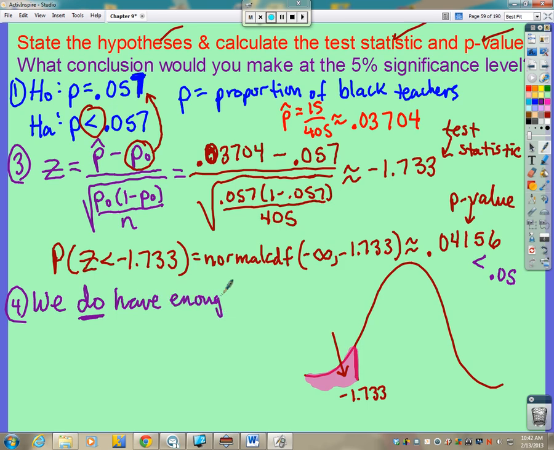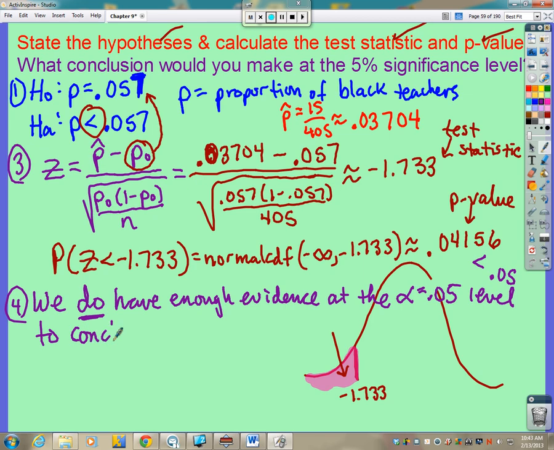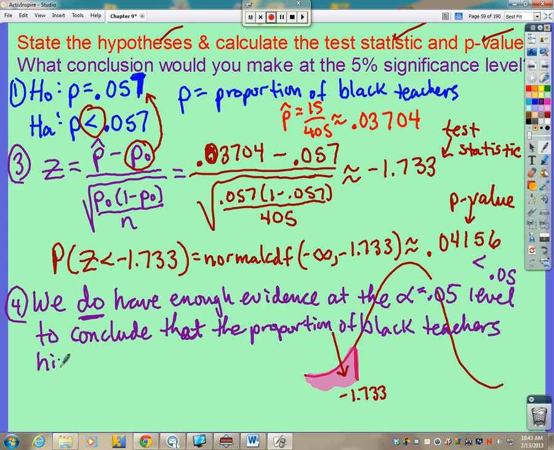have enough evidence at the alpha equals 0.05 level to conclude that the proportion of black teachers hired in the whole district, that's kind of referring to our population here, is, now this is where we refer to the alternate hypothesis.